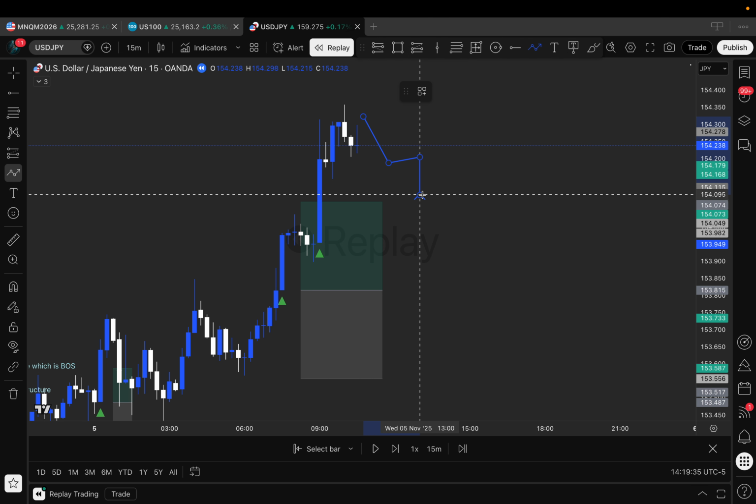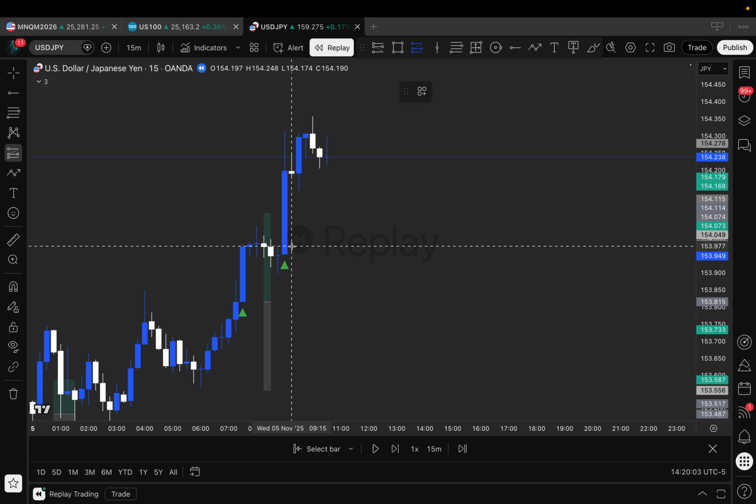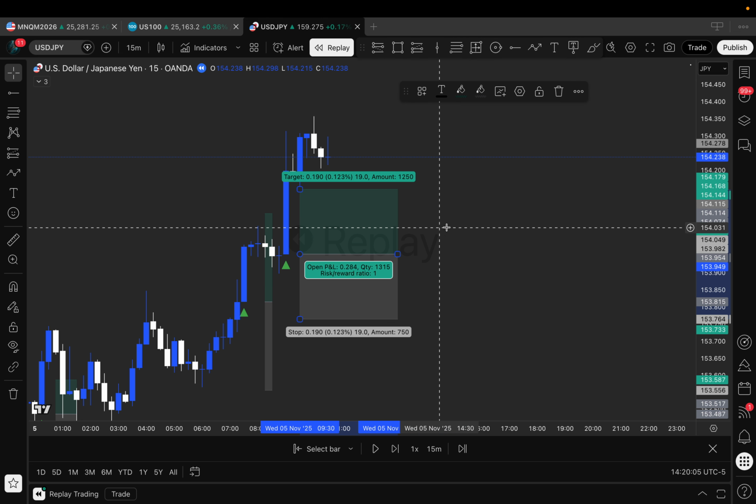So there is no chance of us waiting for the market to turn against us and take our stop loss. So this is an invalid trade right here. You just move it and place a different order here.